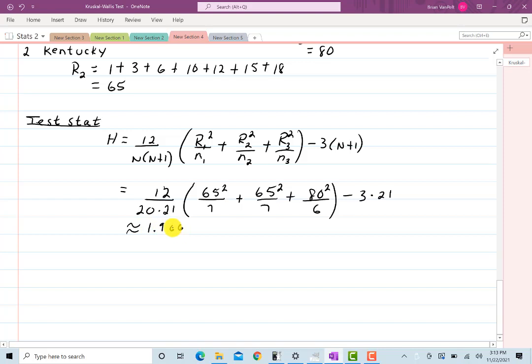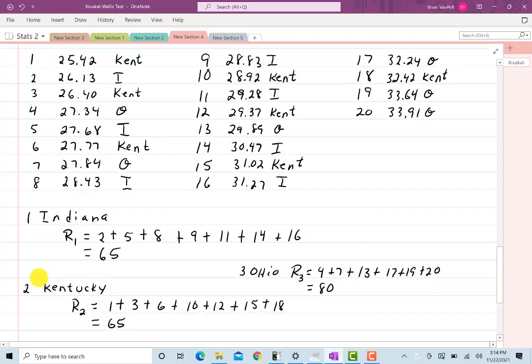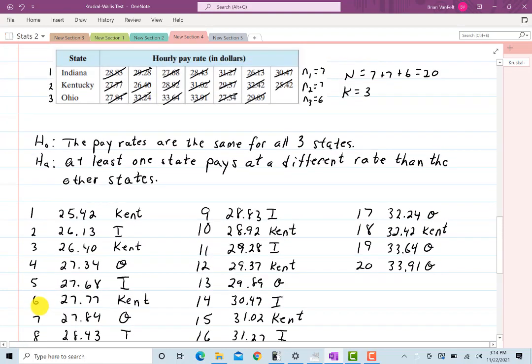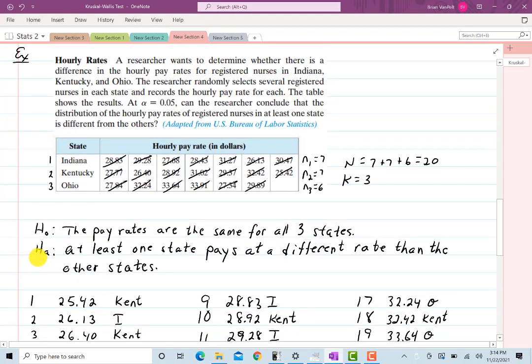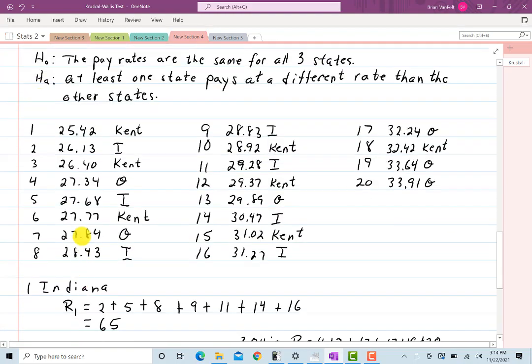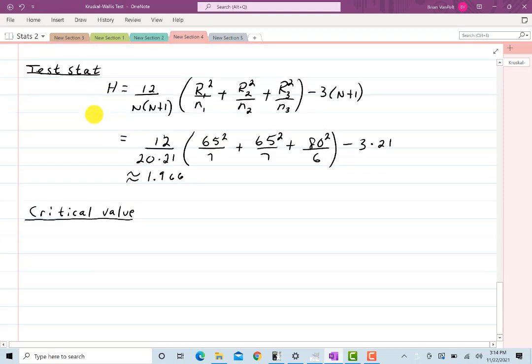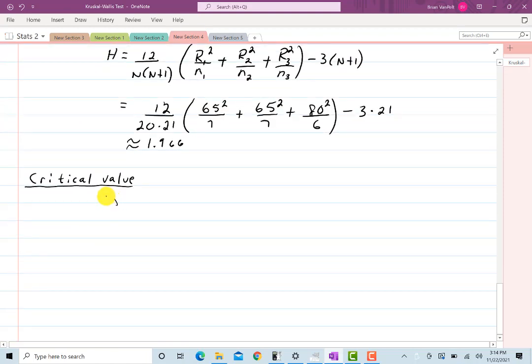Now let's go ahead and get the critical value. Here I'm going to need my alpha. Remember, these are always right-tailed tests. My alpha is 0.05. K equals 3, so the degrees of freedom is K minus 1.